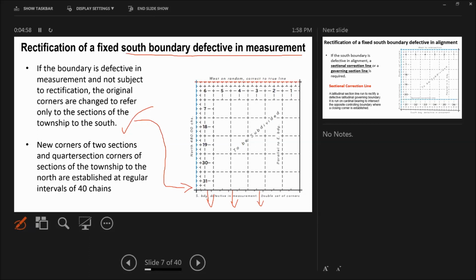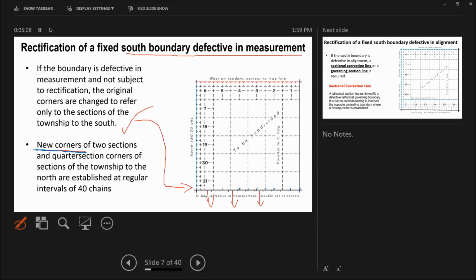The new corners of the sections above it, and then you can read the manual language here, the sections and the quarter section corners for sure. Let's use another color here. The new corners here will be set at regular distances. So you see here, this is the regular distance. Maybe let me go above it a little bit so you can see it.